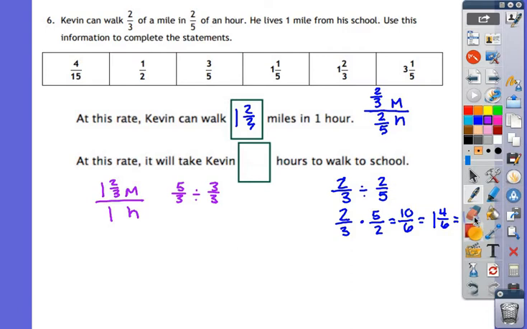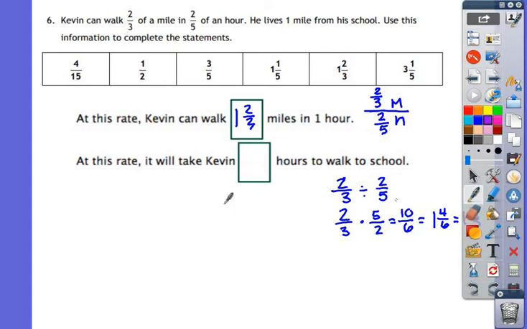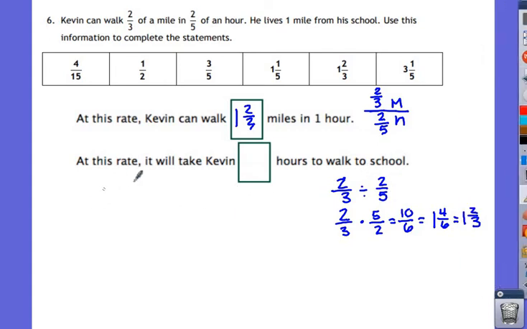Alright, and I had a goof, so even great mathematicians have goofs, so I'm going to erase what I have there. I was just on the roll here. Okay, on the first statement, I went miles per hour. So that's why I wrote miles per hour. Here we're looking at some sort of hours per mile, because I'm looking for hours this time. So I need to rewrite this hours per mile.